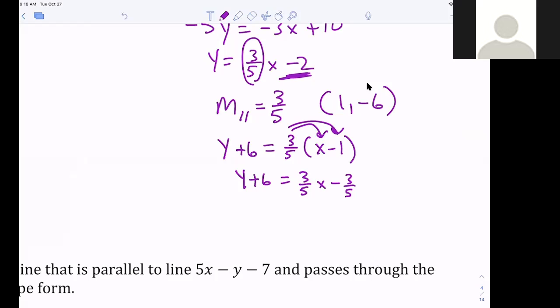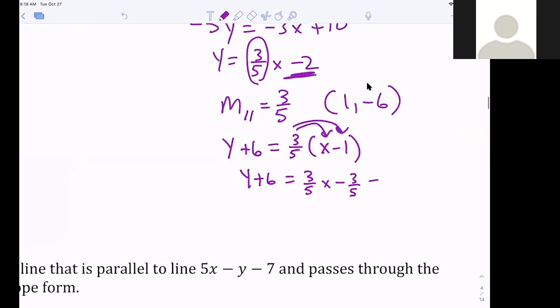Now I'm subtracting 6. You can do it on your calculator, or you can say, I know 6 is 30/5. So negative 3 minus 30 is negative 33/5.